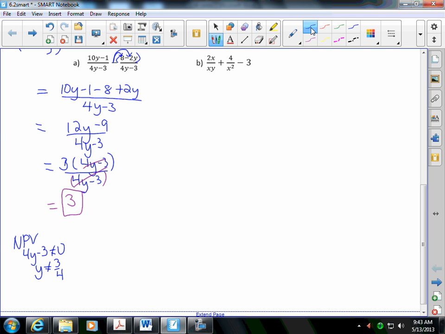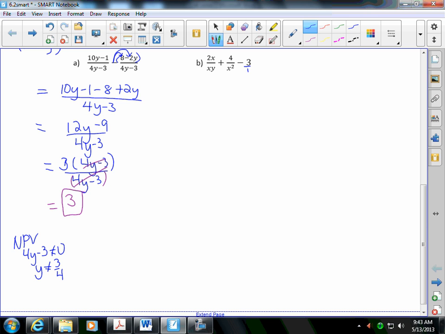Okay. In example B, and this is what I want you to do to set these up for any of the ones where you have to find a common denominator. And we're not looking at just a number down there, we're looking at variables. So if I look at this, I have xy and x squared, and this is a minus 3, so this is like saying it's over 1, right?